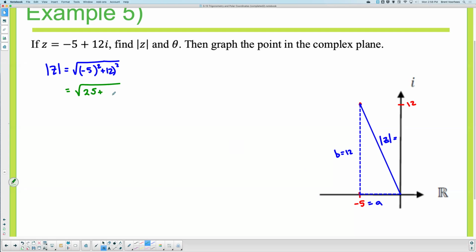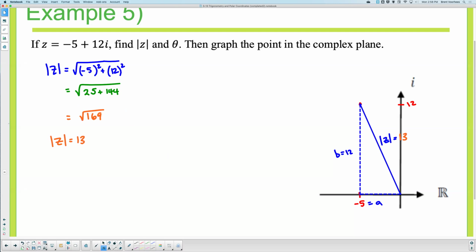And 12 squared is 144. Looks like I forgot a parenthesis in there. There we go. Let me make that easier to read. When I add those together, 25 plus 144 is 169. The square root of 169 is 13. So the modulus of z here would equal 13.